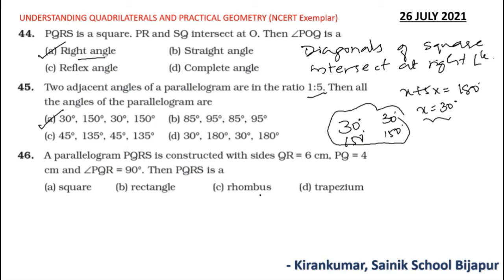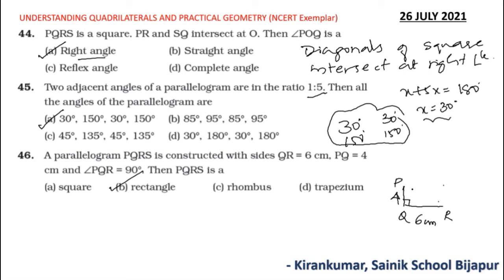Question 46. A parallelogram PQRS is constructed with QR equal to 6 cm, PQ equal to 4 cm, angle PQR is 90 degrees, then PQRS is a rectangle. The reason is QR is given as 6 cm, PQ is given as 4 cm, and angle PQR is 90 degrees.